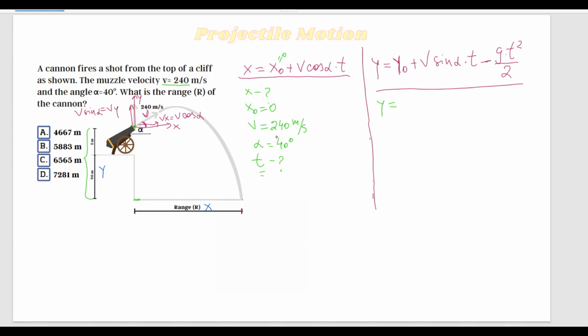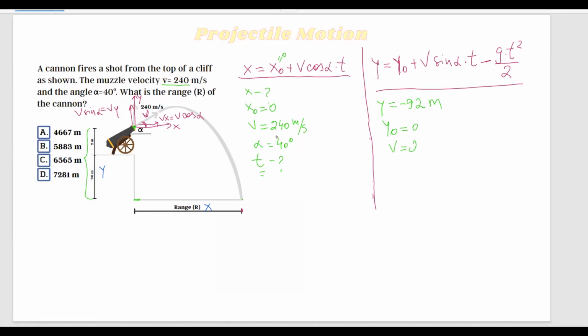This is our y, and since it's below the x-axis, remember we have to consider a sign. y equals minus 92 meters. Next, y0 is 0. Remember, because we placed the axis right at the starting point. So x0 and y0, we got rid of them. They are 0. If we were to place our axis here, we're going to have our y0 as 92, right? But we don't want to do that. So y0 equals 0.